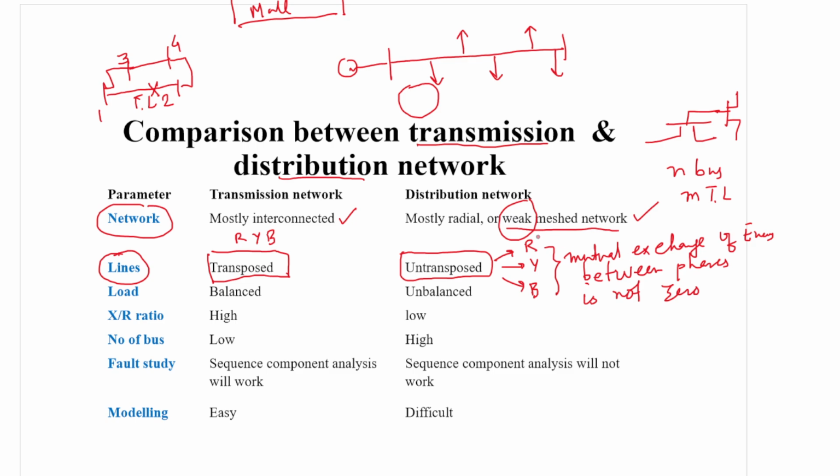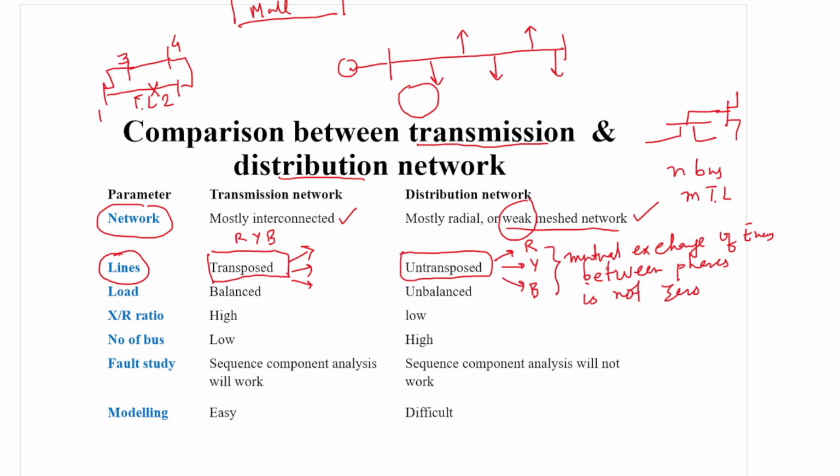It may be between R to Y or Y to B or R to B. So in case of a transmission network, mostly transmission lines are transposed, so there is no mutual exchange because of this transposition. However, the distribution networks are untransposed. That is why the mutual exchange of energy between phases is not zero.